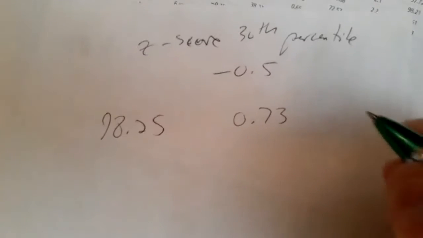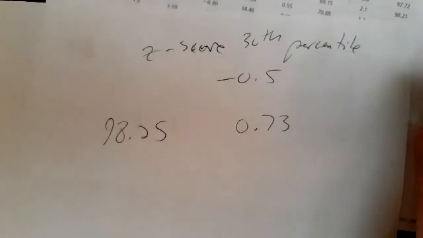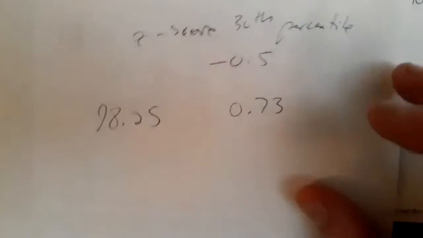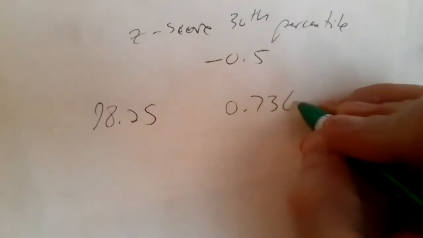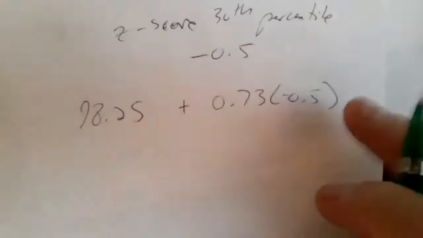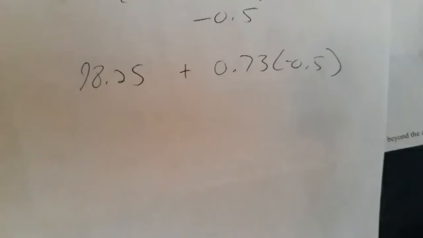I'm sorry, why is the z-score negative 0.5? I thought it was negative 0.85. No, I'm doing the 30th, not the 20th. I'm going to change it around a little bit. Okay, I'm following you. And so I want to figure out what this thing is. Minus the mean. Okay. The mean is 98.25.